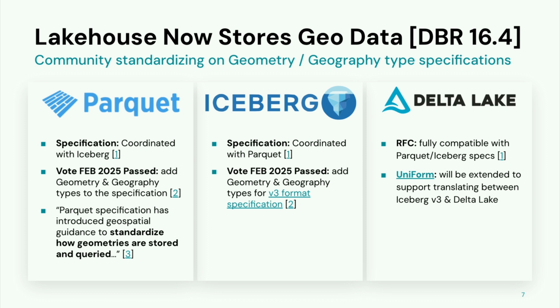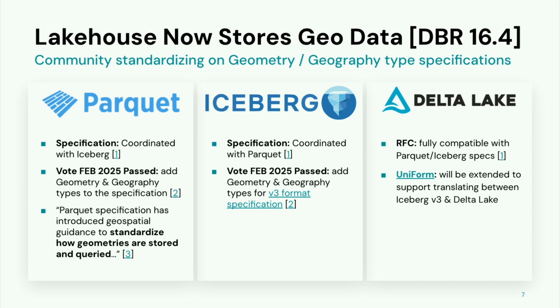Like, this has been a long time in the making. I would say, how did we get here, right? This is really built on the foundation of the Parquet and Iceberg communities earlier this year ratifying the specs to store geometry and geography within those formats.